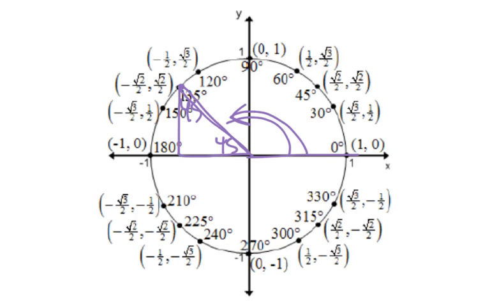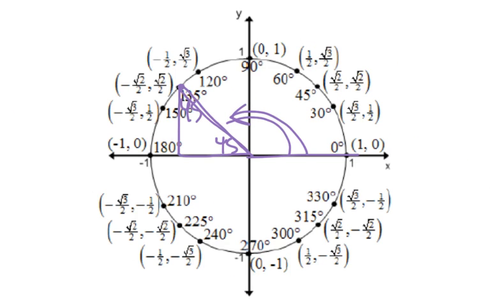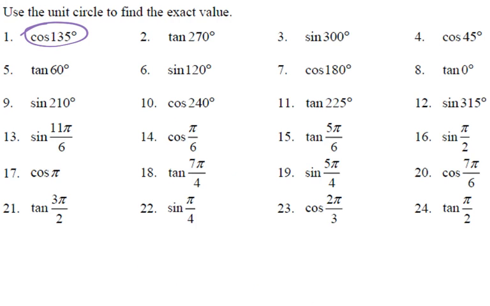That's the reference angle. So what's the cosine, or were we looking at sine? Yeah, cosine of a 45-degree angle. Well, it's the x value. Bam. 135 cosine, it's the x value. Double bam. So that's all you write. You write the negative square root of 2 over 2. So that's what you're doing on all of these.